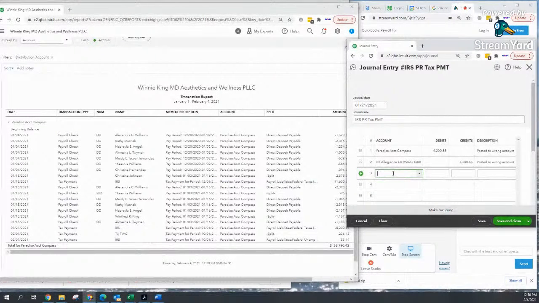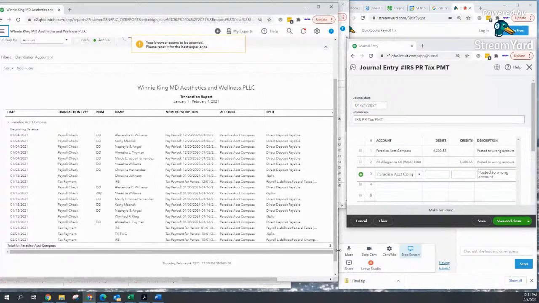So this payroll check right here is, I don't want the IRS payment. I want Keisha. Keisha is going to come out of Paradise, so I need to put the money back in.